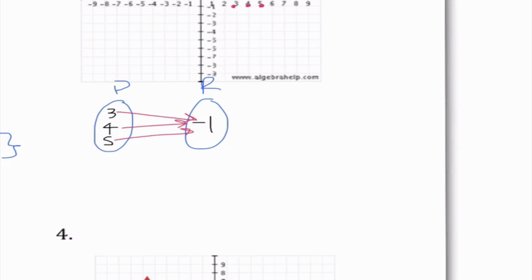It only has one arrow coming from it. So when we write our domain here, I'm going to use the same method we used last time. Our domain would be 3, 4, and 5, and our range would be -1. So when we have ordered pairs, that's really all we need to do to find if it is a function or not and list our domain and range.